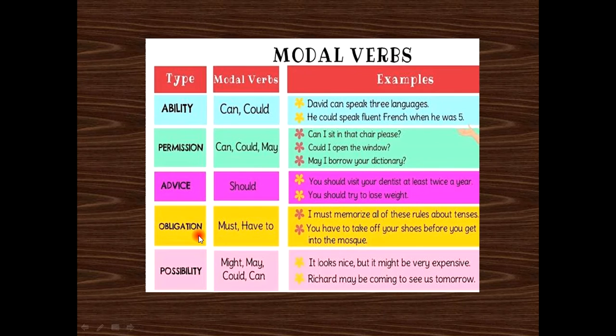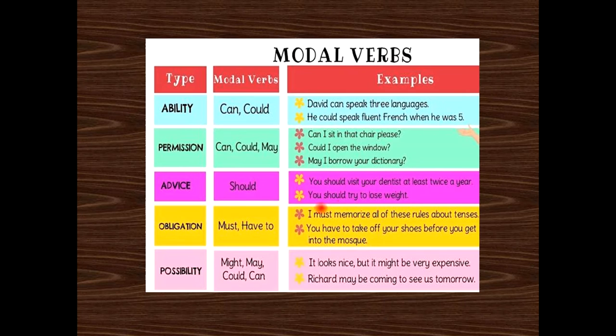Now next is obligation, like must or have to. Over here we are giving an order, or we are making a request to anyone. Obligation is basically used to give a light order, that you must do it, you have to do it, something like this.